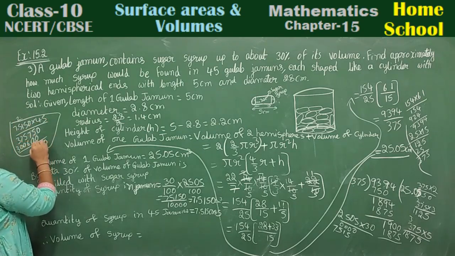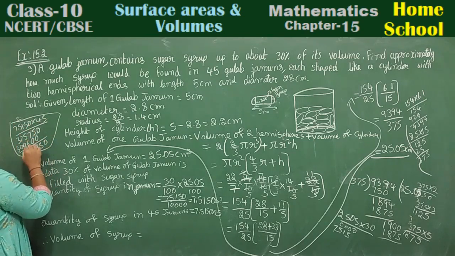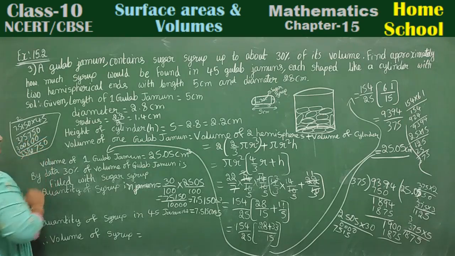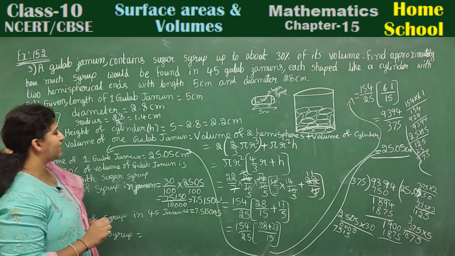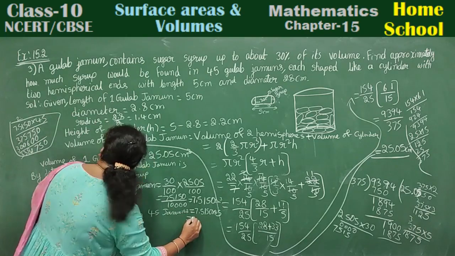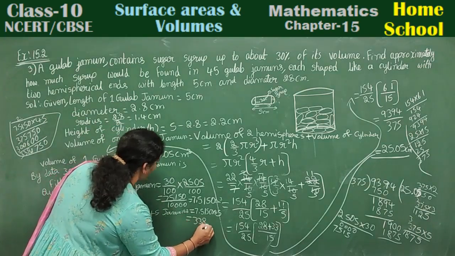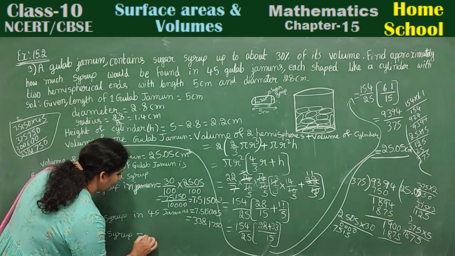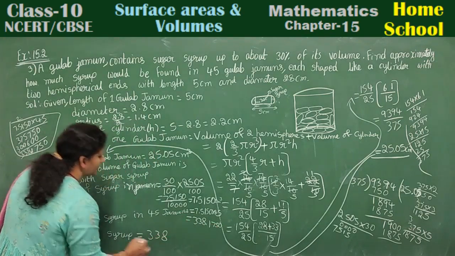That will be 7, 11 and this will be 8, 3, 3. And your decimal goes after 4 digits, that is 338.1750. 45 jamuns will be 338.1750. Approximately you can write it as 338.